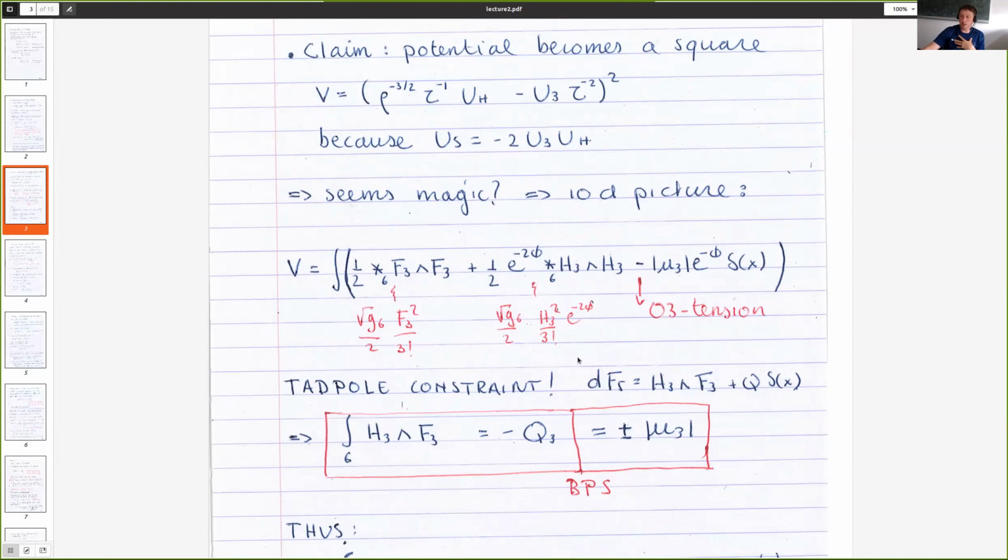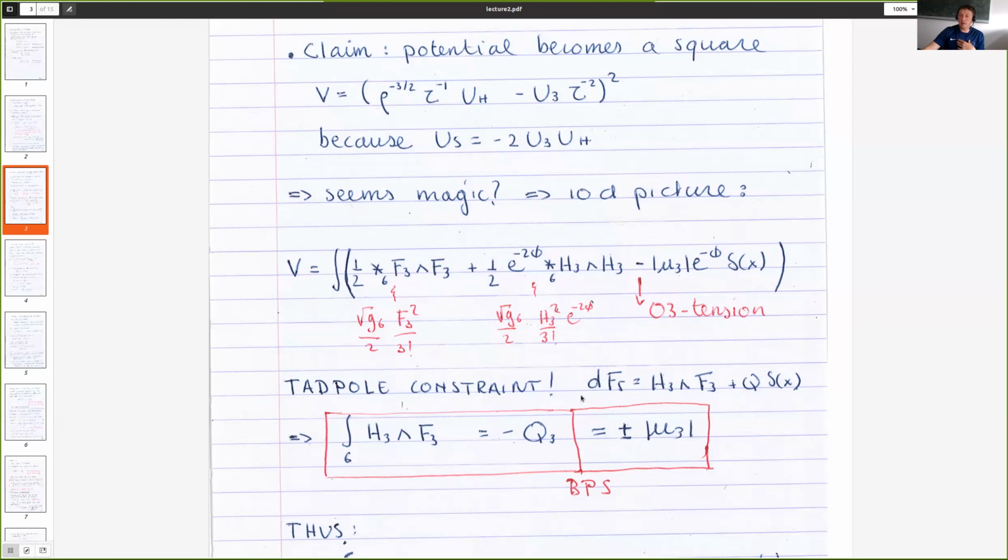We remind ourselves first of the Bianchi identity, which is also the equation of motion for the 5-form in type IIB. And this is it. It says dF5 equals H3 wedge F3 plus the source term of the orientifold. What I do now is I'm integrating this equation over the compact Calabi-Yau.